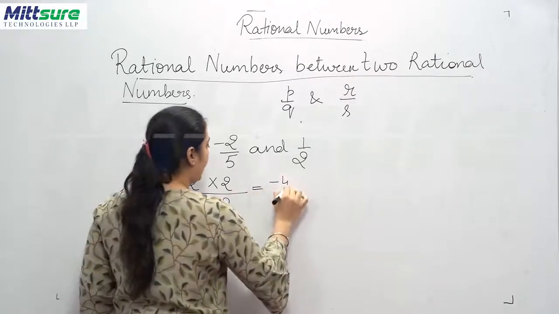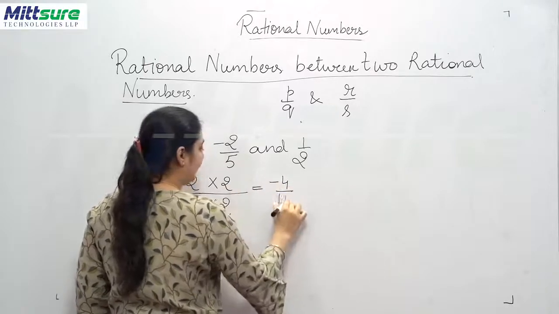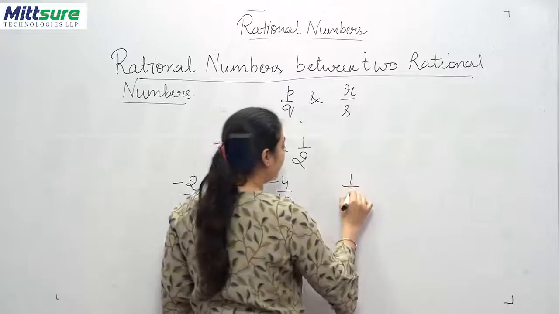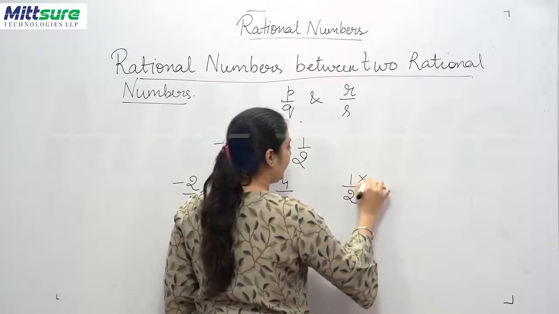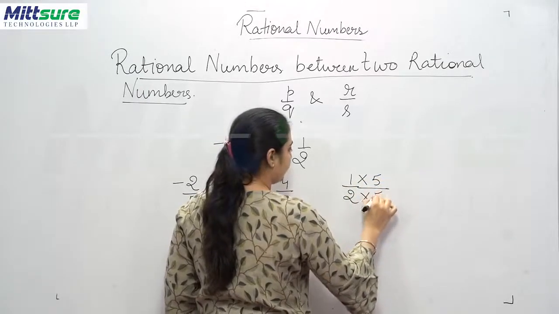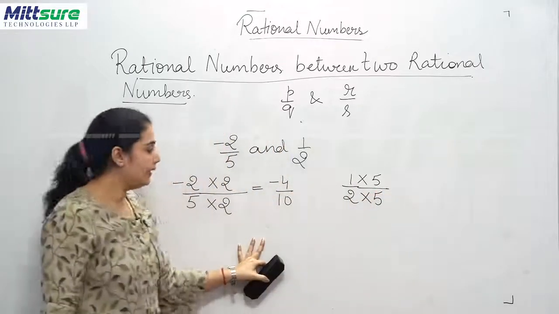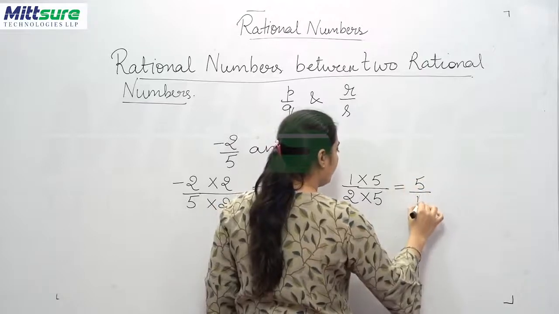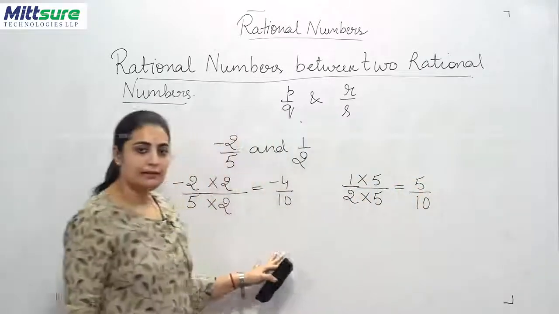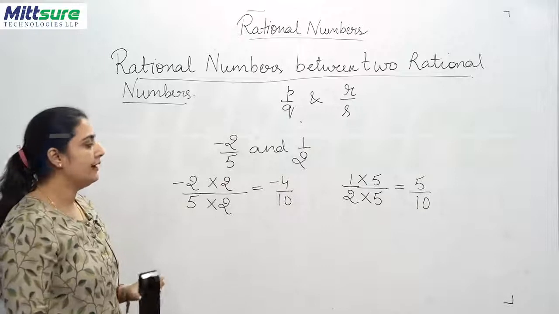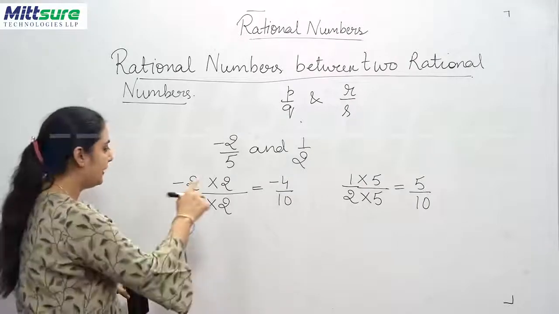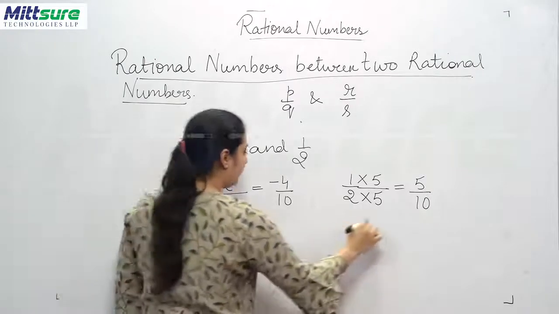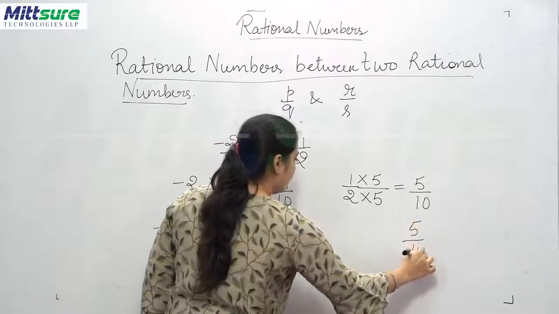I will get -4 upon 10. Similarly, I will multiply 1 upon 2 by 5, and I will get 5 upon 10. Clear?